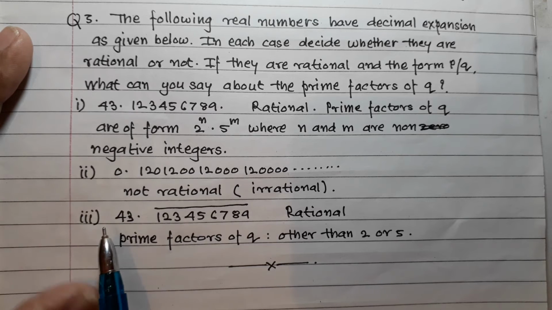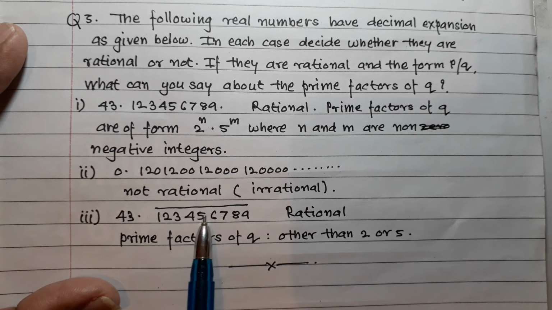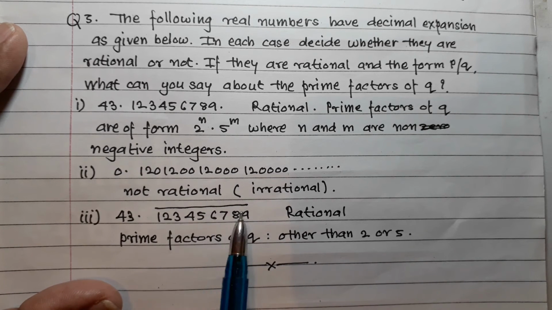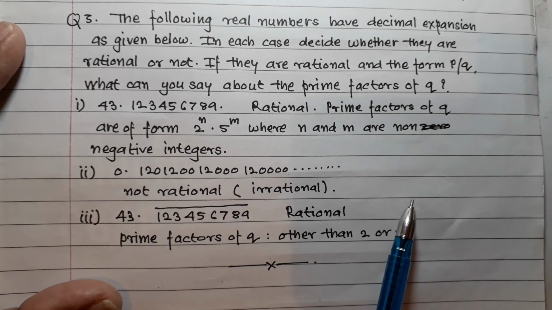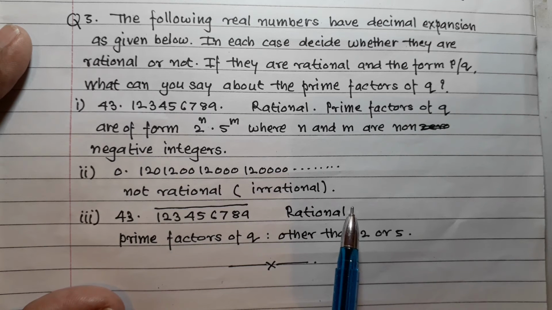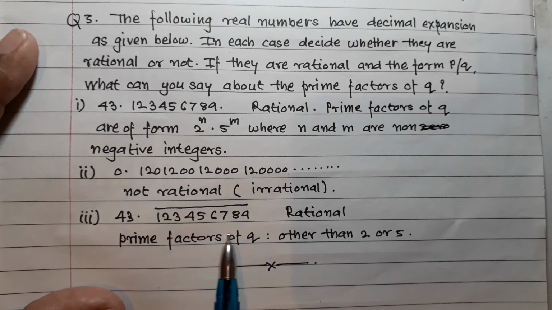Then third, observe properly what is given. 43.123456789 with a bar over it. That means this group is repeating, and hence this number is a rational number, but the factors of q are not of the form 2 raised to n into 5 raised to m.